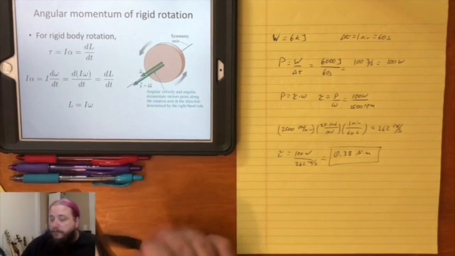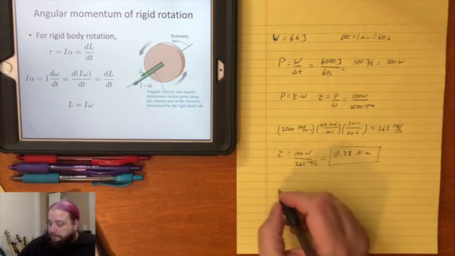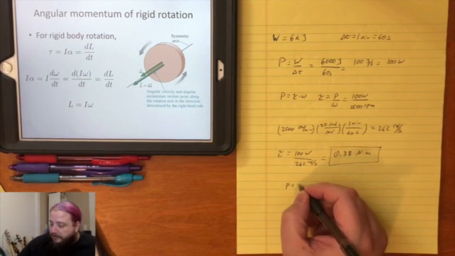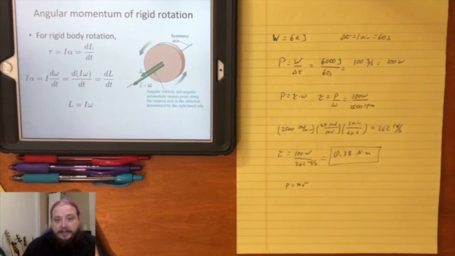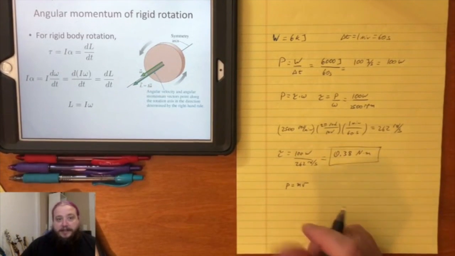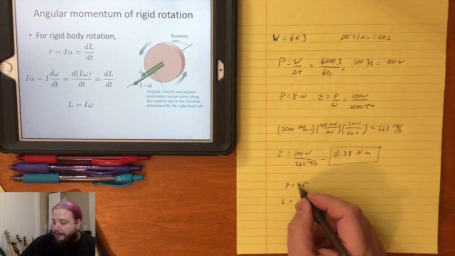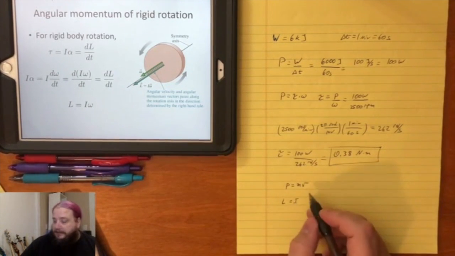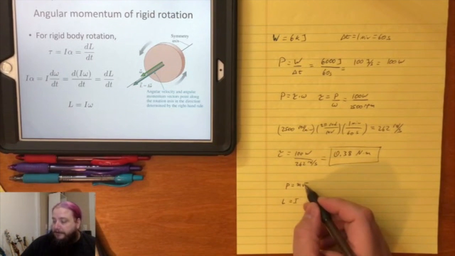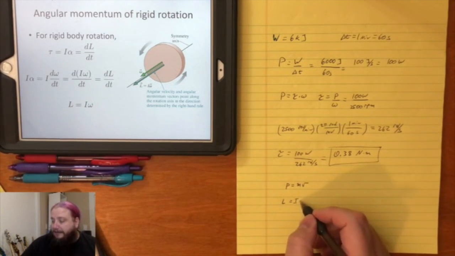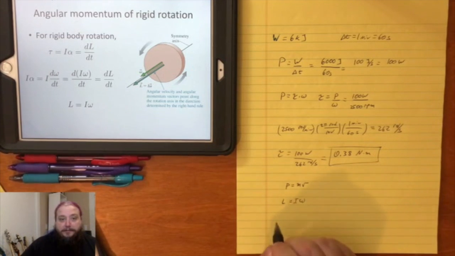And remember, we could write down that momentum was mv, and the rotational equivalent of that would be that angular momentum is angular inertia times angular speed, just as linear momentum is linear inertia times speed.